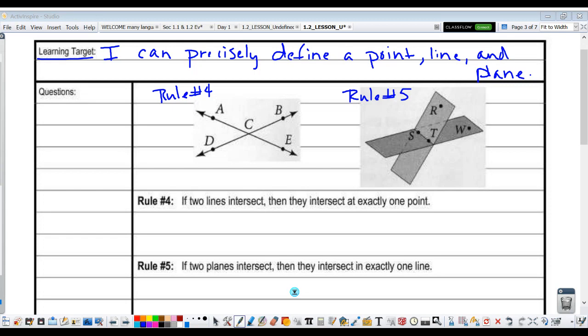All right, let's look at these rules. So rule number 4: if two lines intersect, then they intersect at exactly 1 point.